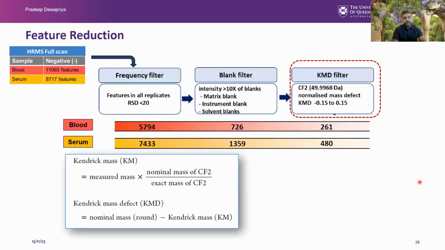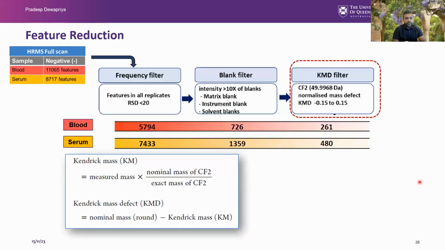Any features with relative standard deviation higher than 20% were discarded, and any feature coming from the blank was subtracted. In general, any feature with intensity 10 times higher than the blank was kept in our feature list, and the rest were discarded. And then the blank subtracted feature list was filtered through Kendrick mass defect filtering.